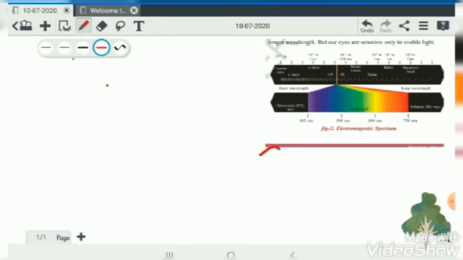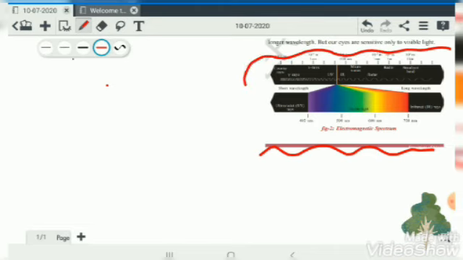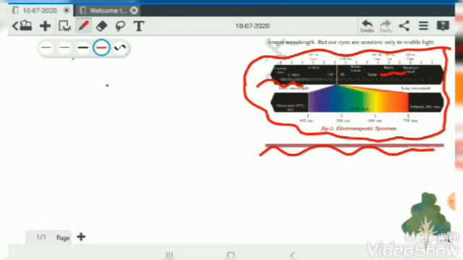You can visualize here the different types of light with different energies. See carefully here, gamma rays have the lowest wavelength and radio waves, guys, have high wavelength.